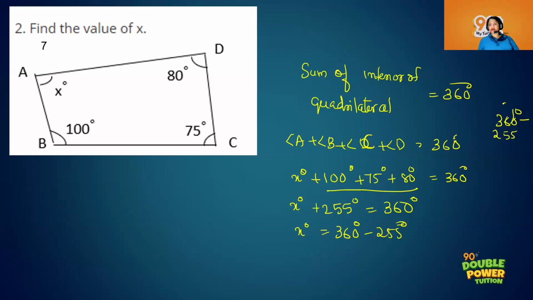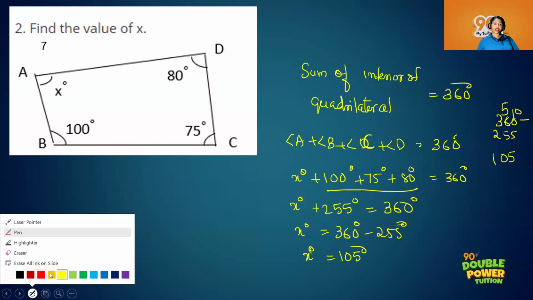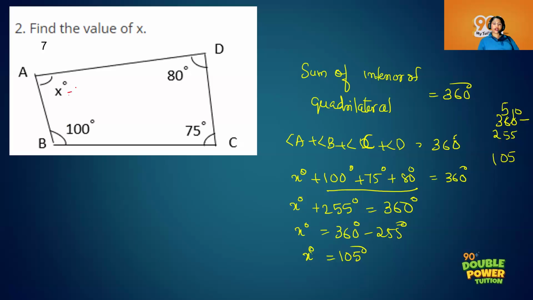This becomes 10 and this becomes 5. So that is 105. That is x degree is equal to 105 degree. So angle A, that means angle X is equal to 105 degree. It's clear?